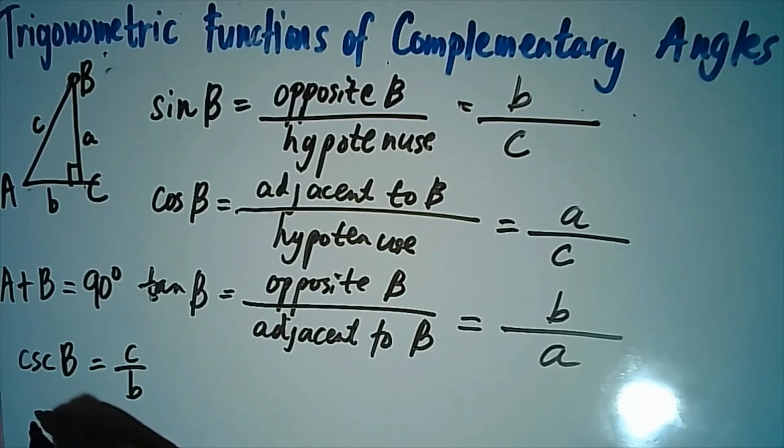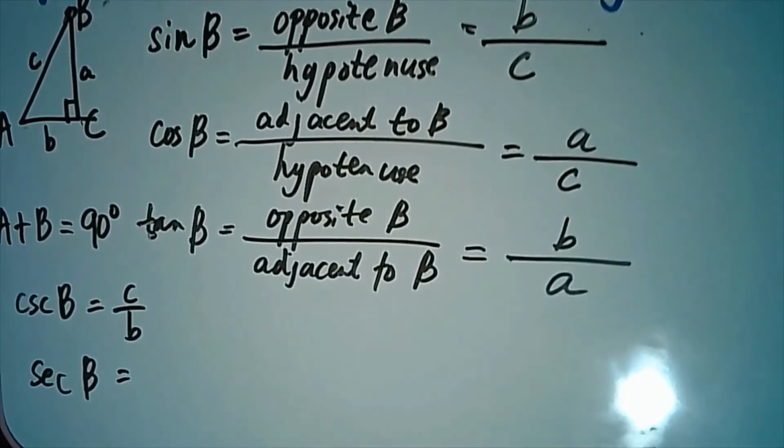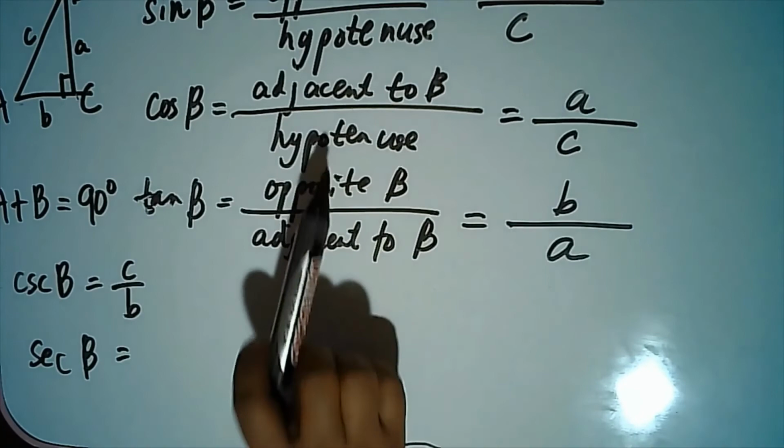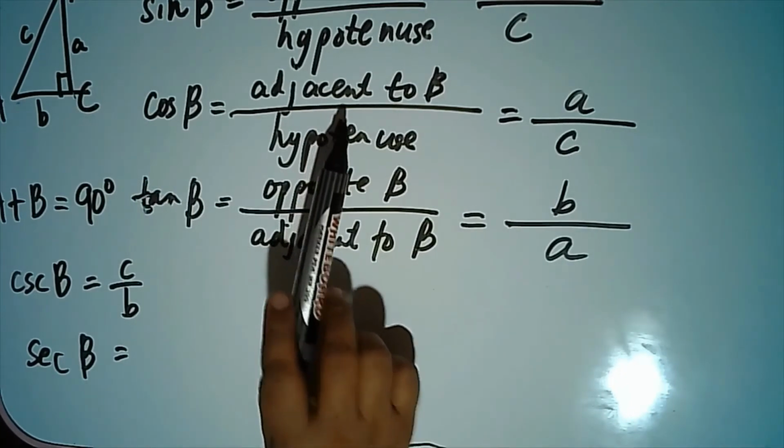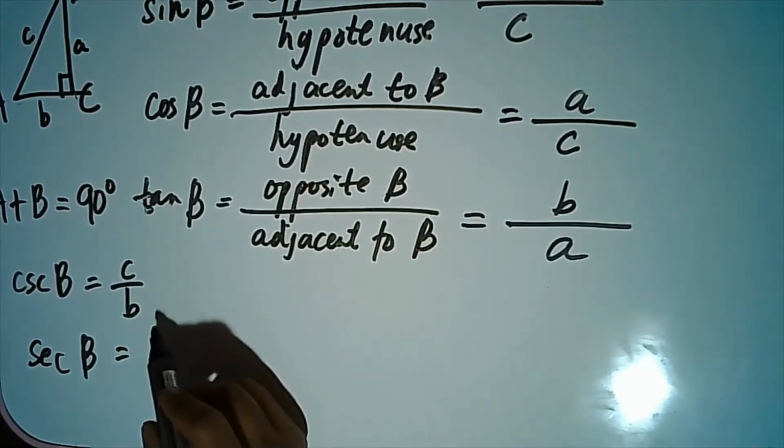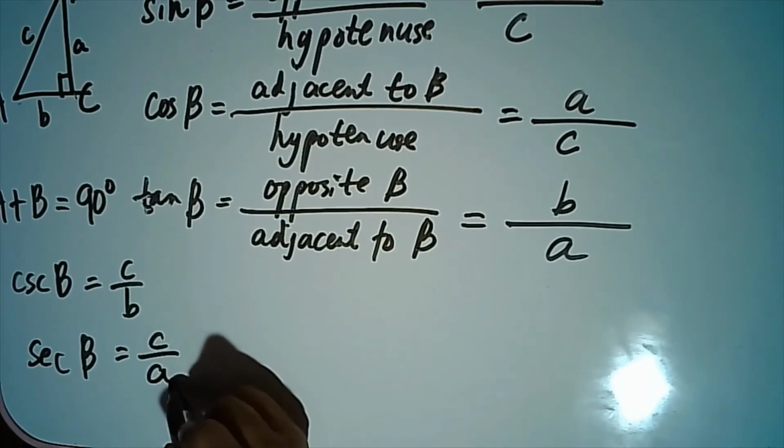And then next is the secant B, which is the reciprocal of cosine B. So that will be c over a.